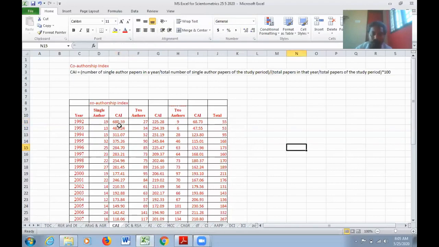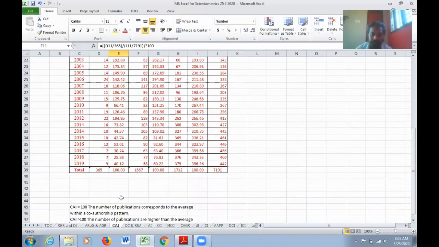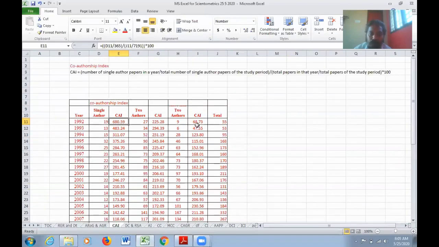The same way you can calculate it for all the years. Then you can calculate the co-authorship index for two authors. Here, instead of taking single authors, we take two authors. Number of joint author papers in a year divided by total number of joint author papers in the study period, and the rest is the same. So this way you can calculate co-authorship index for different kinds of authors.